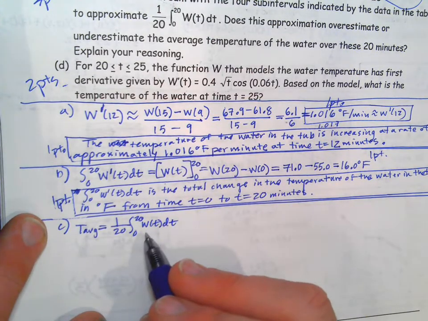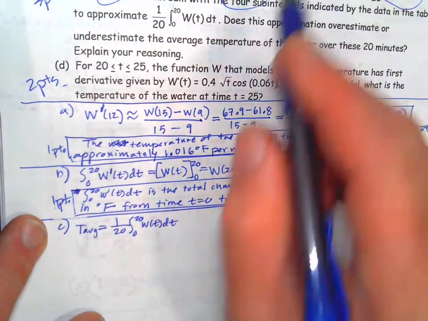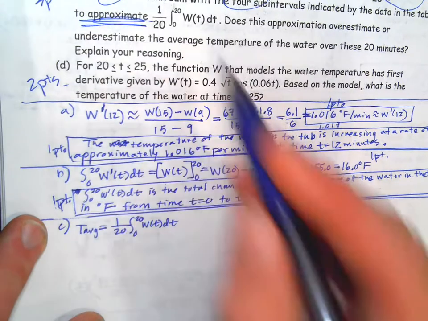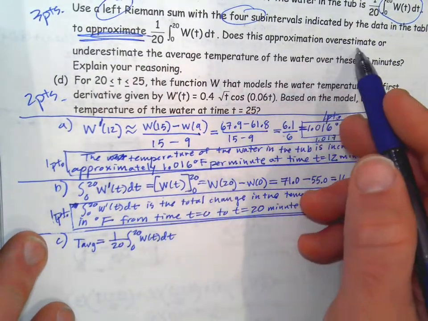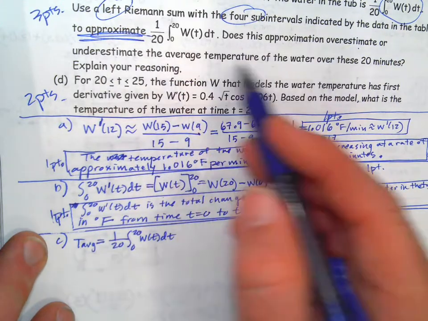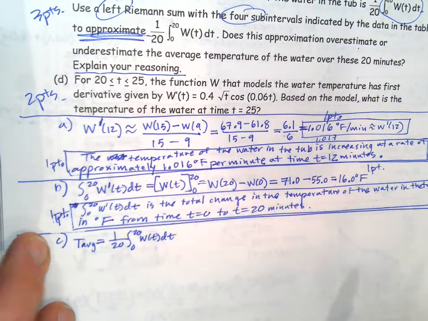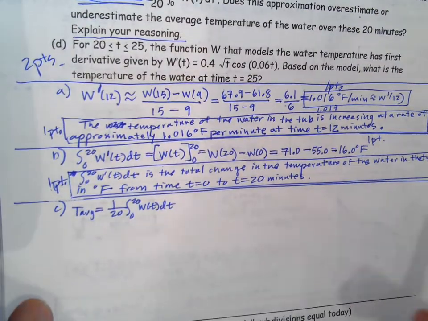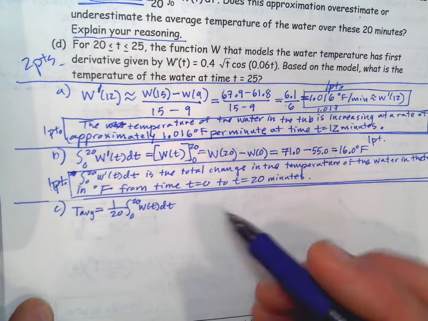It says use a left Riemann sum with 4 subintervals indicated by the data in the table to approximate the average. Does this approximation overestimate or underestimate the average temperature of the water over these 20 minutes? Explain your reasoning. So you can't just say, oh, it's over or under. You've got to say why, which probably has to do with it either increasing, decreasing, concave up, or concave down. So we'll just start with this.